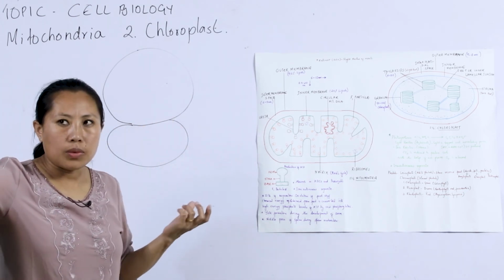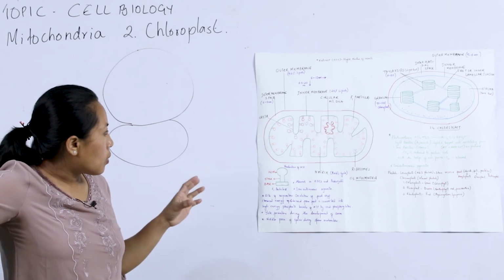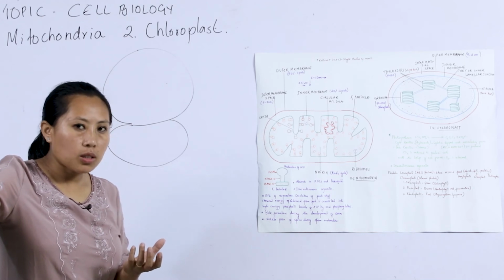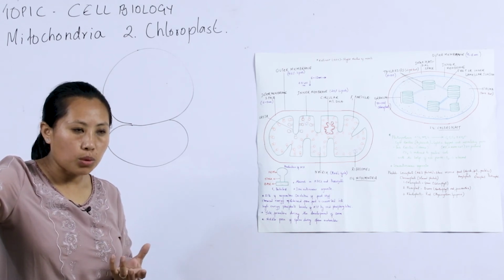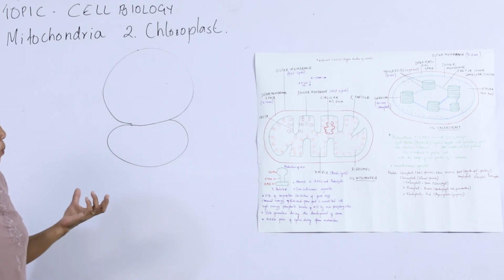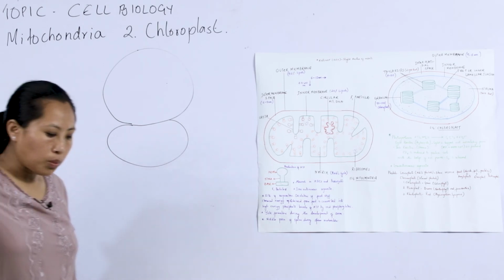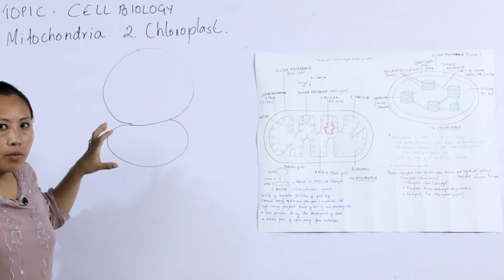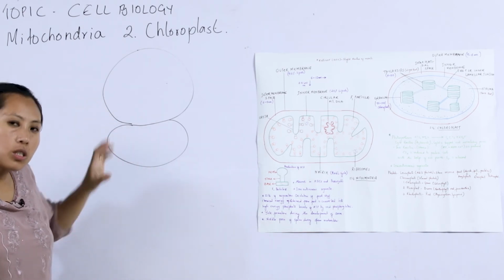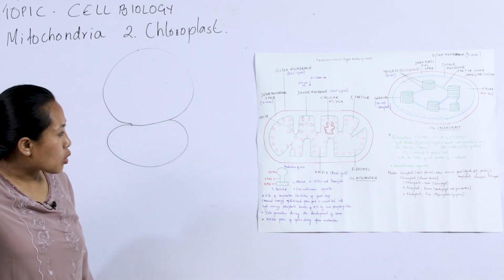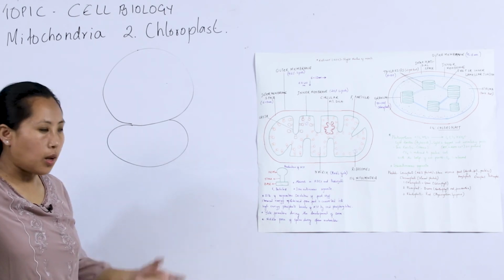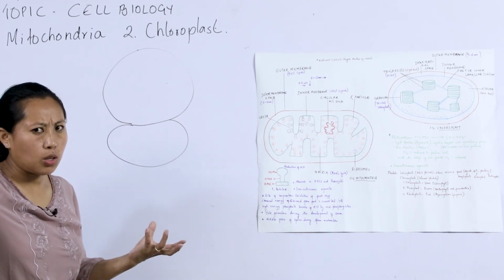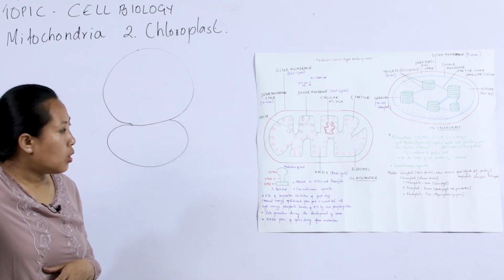Ribosomes are naked structures present in both prokaryotic and eukaryotic cells, because both synthesize proteins. In prokaryotic cells, they are found attached to the plasma membrane or scattered in the cytoplasm, while in eukaryotic cells, ribosomes are found attached to the endoplasmic reticulum and also scattered in the cytoplasm.